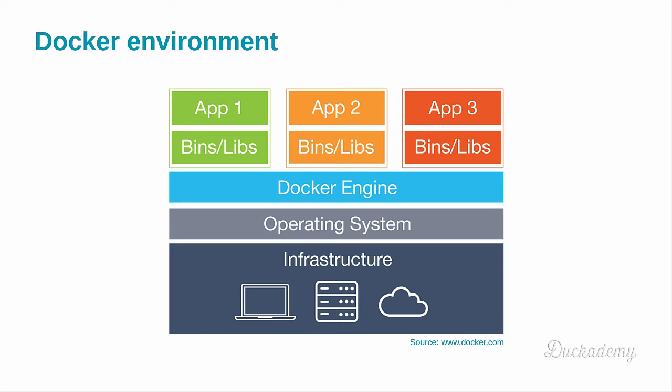Let's say you have your custom software packaged into the red application container, and it doesn't really matter whether you deploy it onto Amazon or Microsoft Azure, Google Cloud Engine, or your own laptop. It will work the same way because all the required dependencies, binaries, libraries are in one package.